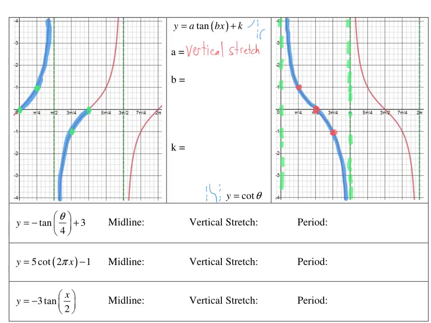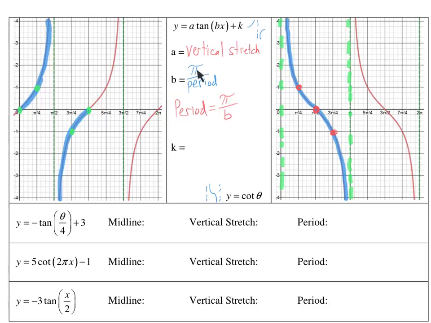But as we talked about earlier, isn't your period pi? Isn't one cycle pi? So instead of doing 2 pi divided by b, your b is going to be pi divided by your period. To get b, you do pi divided by period. But if I want my period, I take pi and divide by my b value.